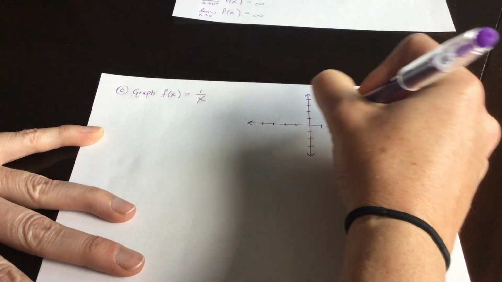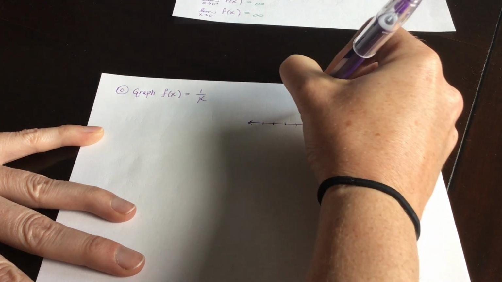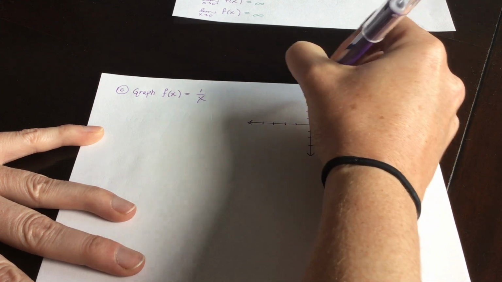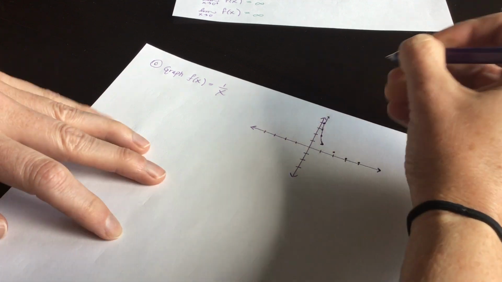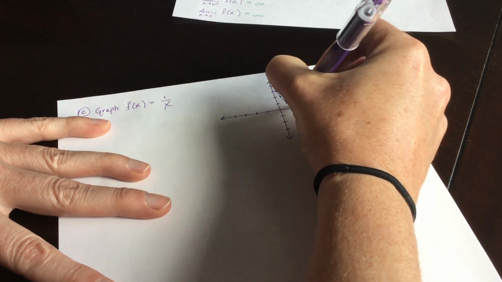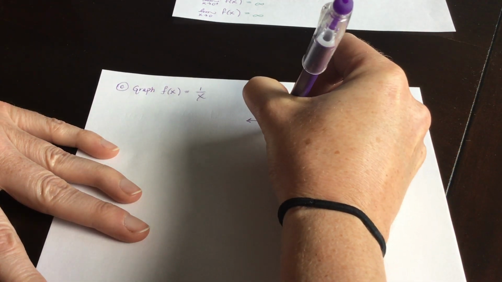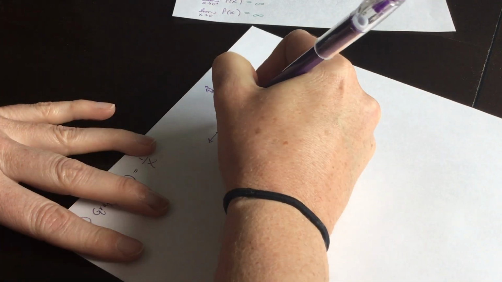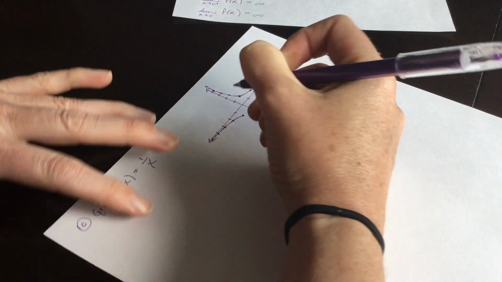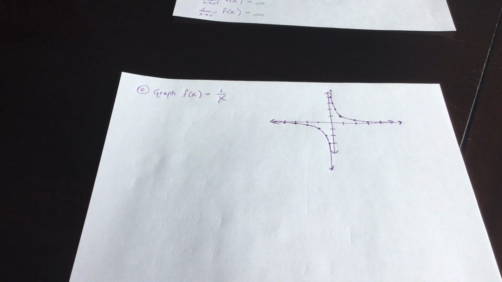Okay, if you plug in 1, you get 1, plug in 2, 1/2, plug in 3, 1/3, 4, 1/4, plug in 1/2, you get 2, plug in 1/3, you get 3, plug in 1/4, you get 4. Okay, plug in the opposites of all of those things. Okay, there we go. So there's a super cute little graph of f of x equaling 1 over x.